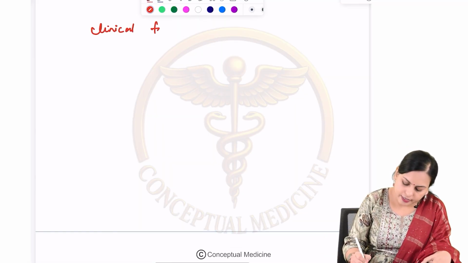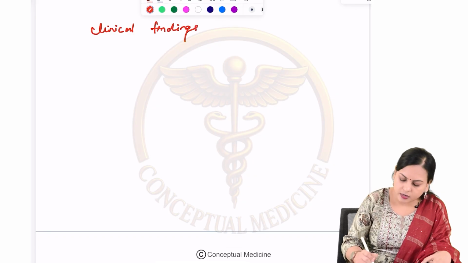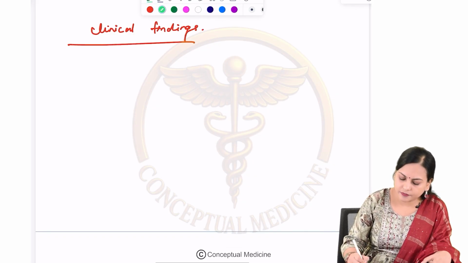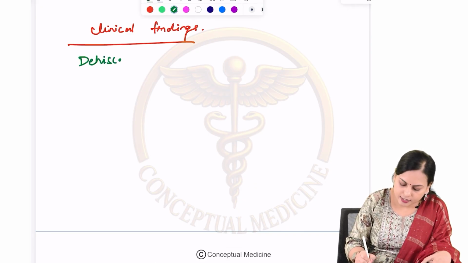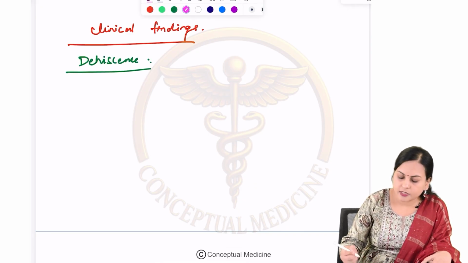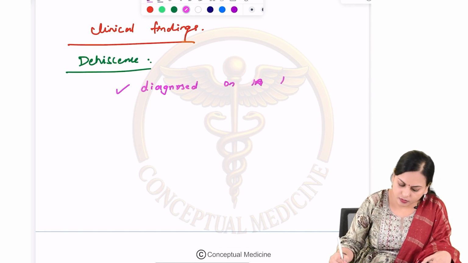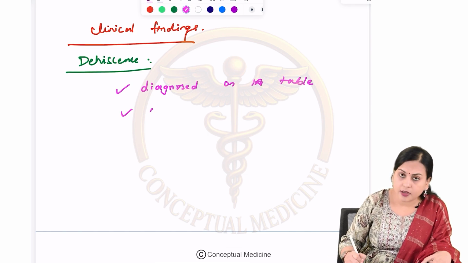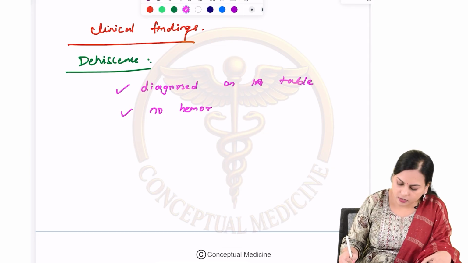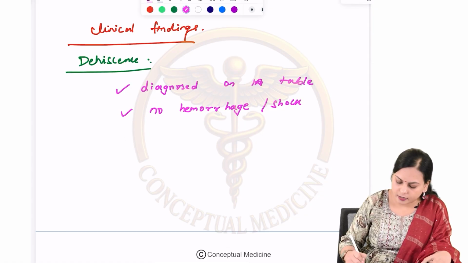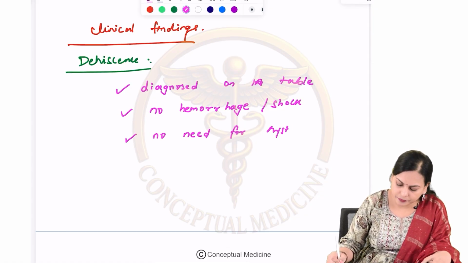Now, we will see the clinical findings of dehiscence and rupture. First, we will see dehiscence. Dehiscence, as I told you already, is usually diagnosed on the table, and you have to know that there is no hemorrhage or shock, and there is no need for hysterectomy as well.